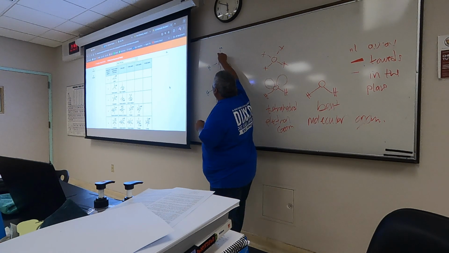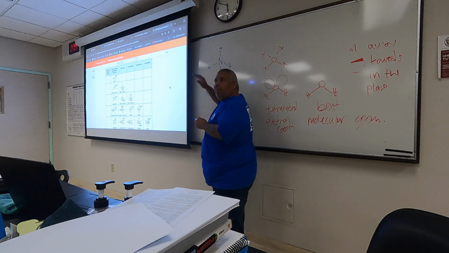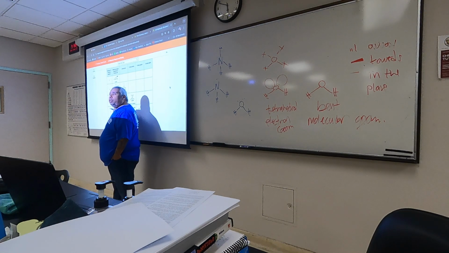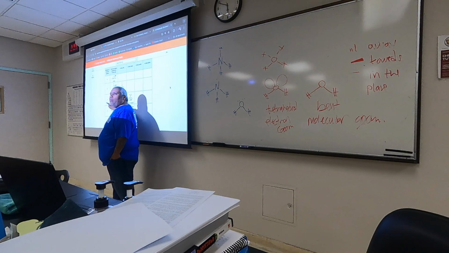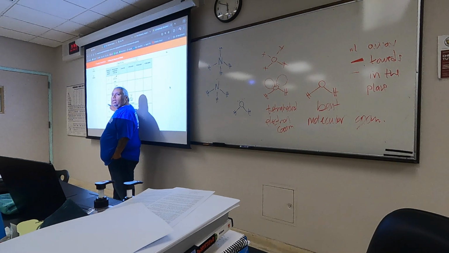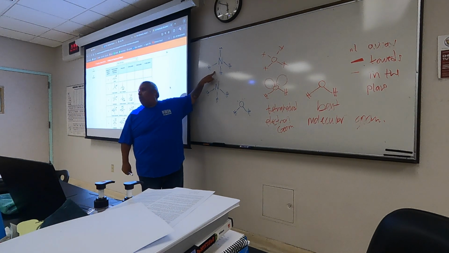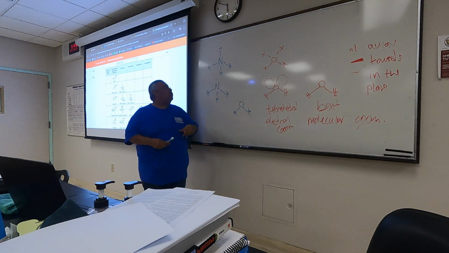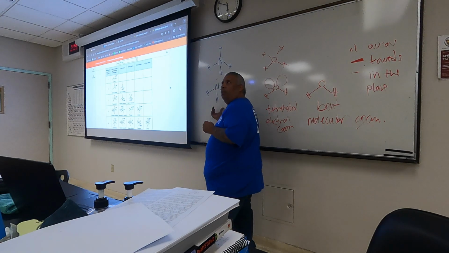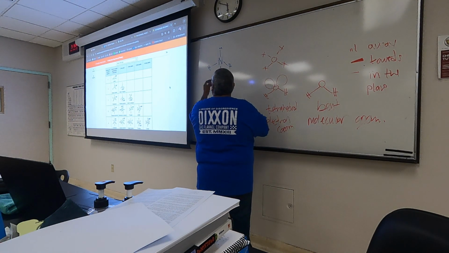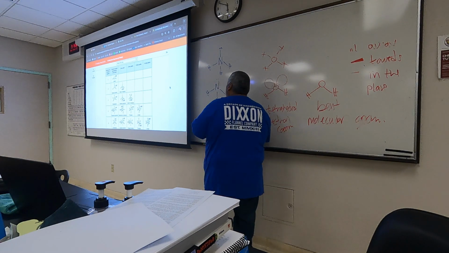I just kind of put a bond. This isn't a bond, but I just wanted to designate that this takes up that fourth spot. So here, as far as electron geometry goes, counting the space for the electrons, it does take up a tetrahedral electron geometry.